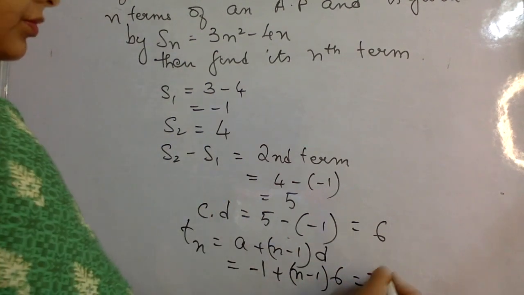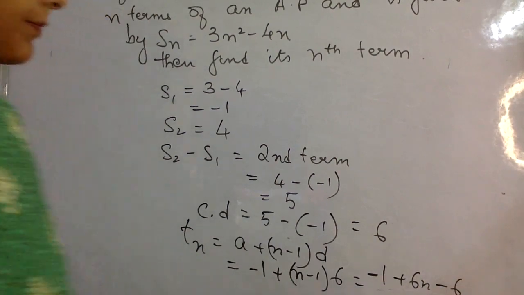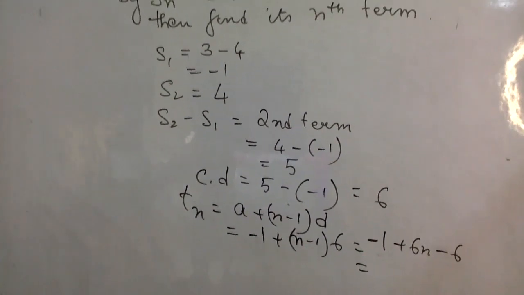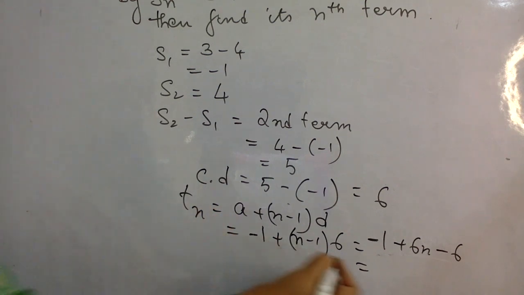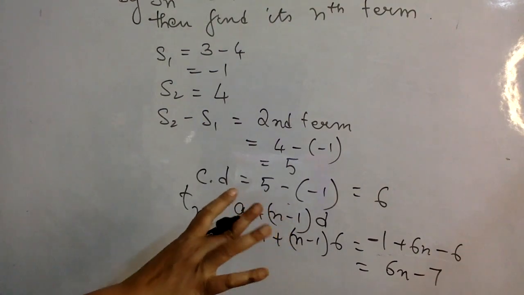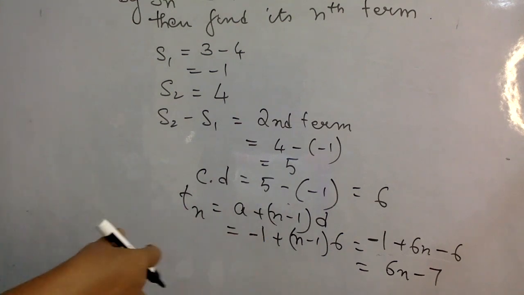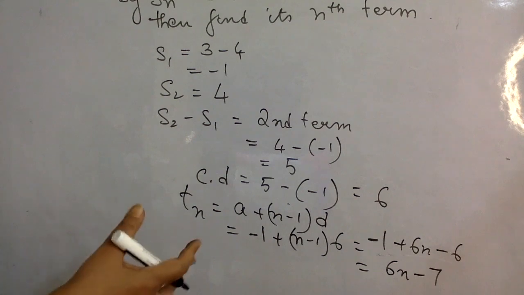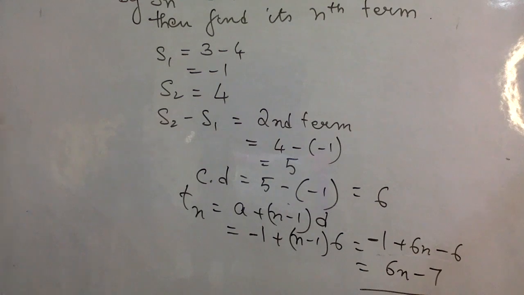So that comes to minus 1 plus 6n minus 6, which is 6n minus 7. Now this is our algebraic expression which we cannot go further with, because we don't know the number of terms. Since they asked for the nth term, this is our expression with n in it. They didn't give us the n number.